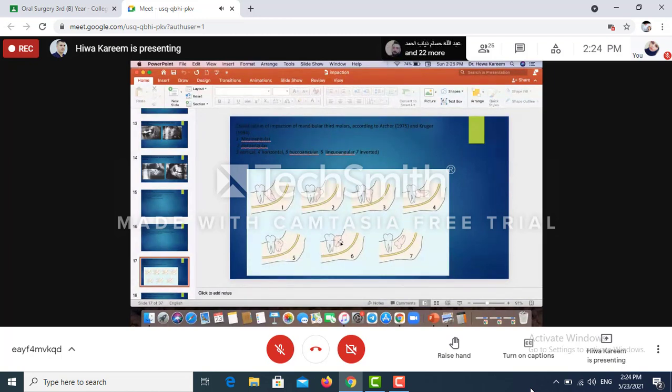And this one, linguo-angulation, the crown faces the lingual side. And this one, inverted. This is difficult for removal.